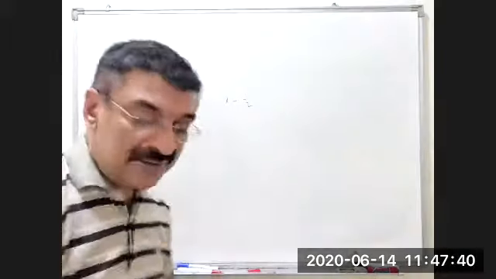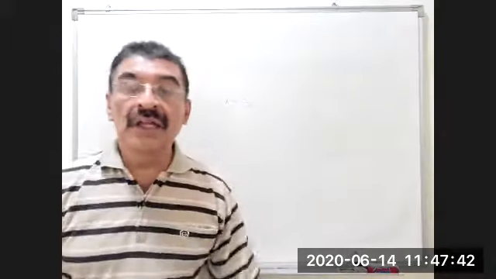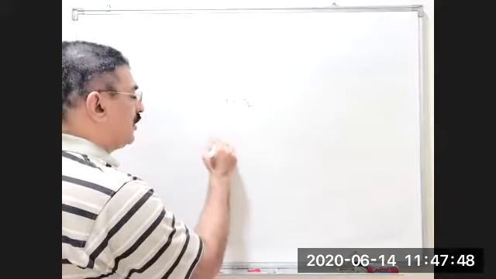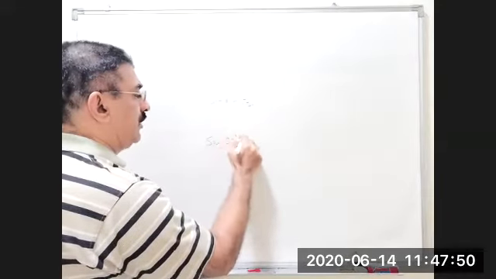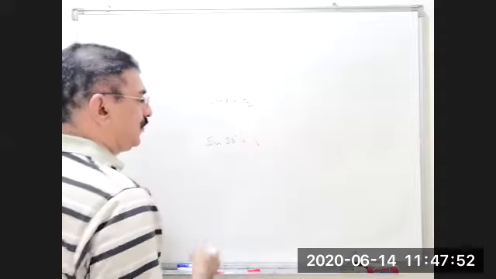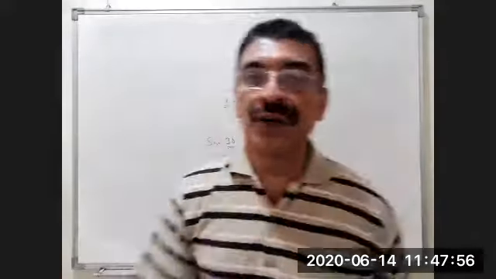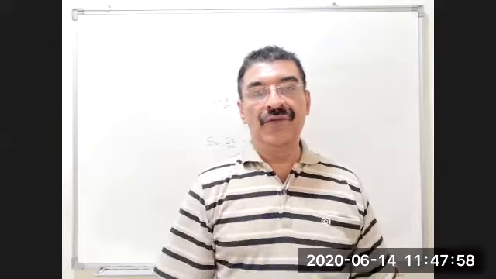So sin x equals 1 by 2. Then what value of x will make this true? We know that you learned sin 30 degrees is 1 by 2. That means the value of x is 30 degrees.